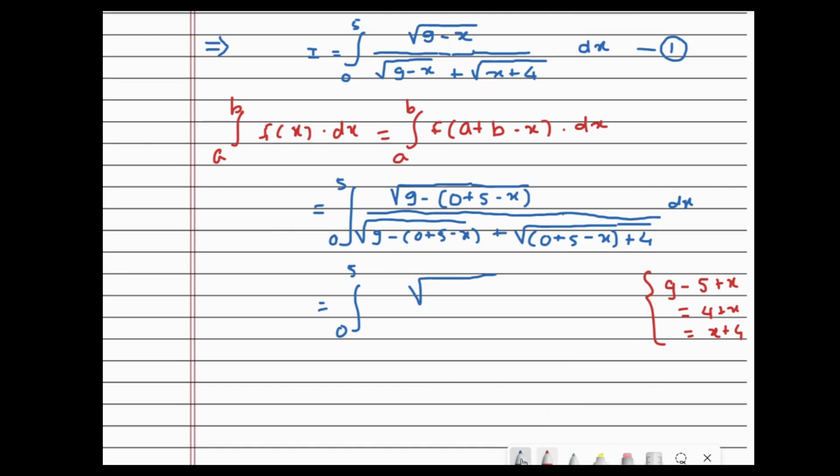This happens in all problems, remember. So it will be x plus 4, and in the denominator also the terms get interchanged. This is x plus 4 under the root, and this x plus 4 will get changed to 9 minus x.